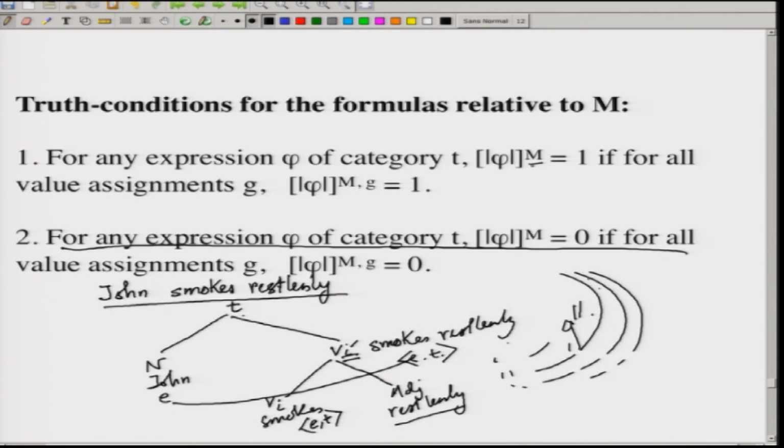Then what will be the type of restlessly? Definitely, it takes an E to T and yields another E to T. So any adjective would be of type E to T to E to T, right?